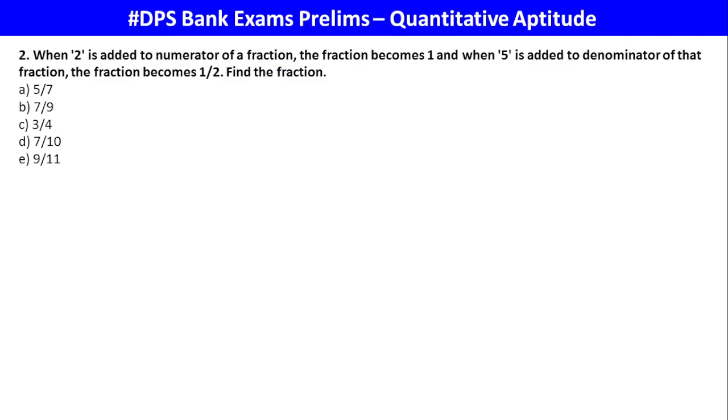When 2 is added to the numerator of the fraction becomes, and when 5 is added to the denominator, the fraction becomes 1/2, right? Numerator ki 2 add chesthe, yes.